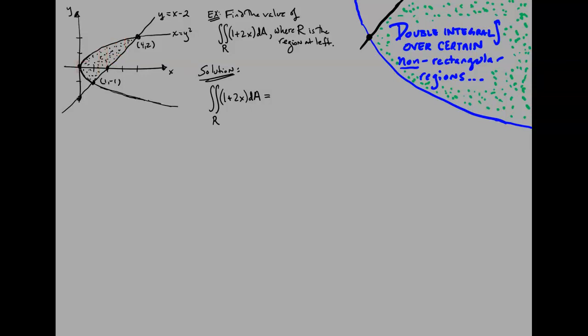However, when we are back here, if I fix x at any point between 0 and 1, I would have a very different situation. If I fix x here, for example, then I would be integrating along this line, where I would be going from one part of the parabola to another part of the parabola. What this means is that on my inner integral, my lower boundary would be different for different parts of the region.